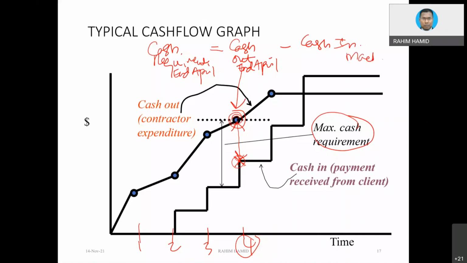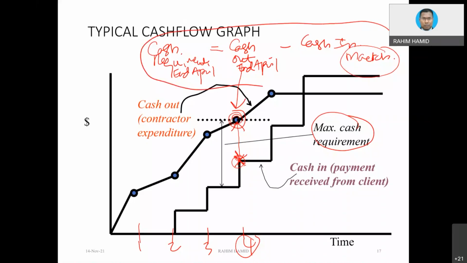You do not take the cash in at the end of April because you just simply receive it today. The money that you have been spending so far is based on the March payment, the amount of money that you already have in March. So the definition should be like this.